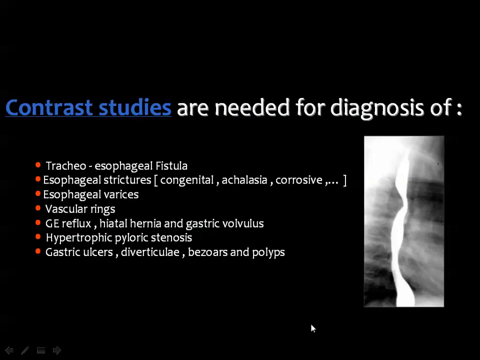Then barium is of great value in diagnosis of tracheoesophageal fistula, esophageal stenosis or strictures, whether it is congenital or due to achalasia or due to corrosives or post-operative. Then esophageal varices and vascular rings by identification of indentation on the posterior aspect of the esophagus.